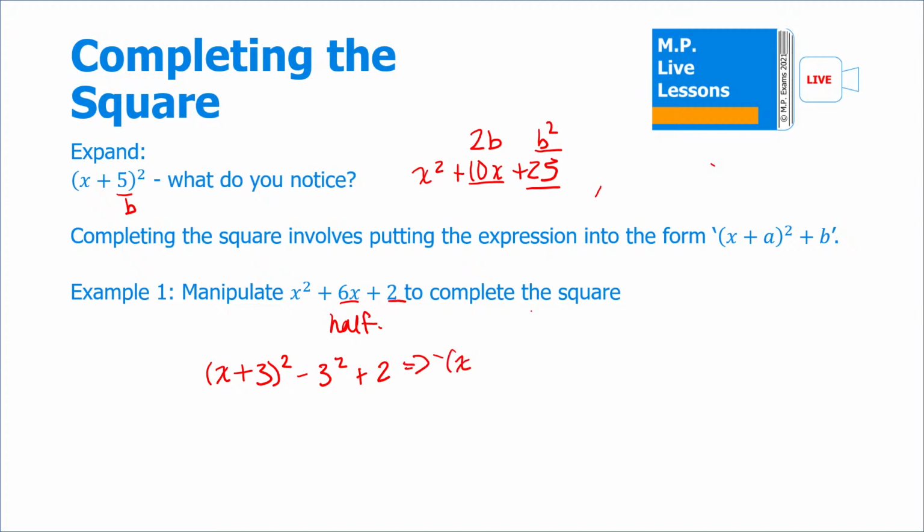This means we get in the end x plus 3 squared minus 7. And if you expand the brackets out, you will originally return back to this.